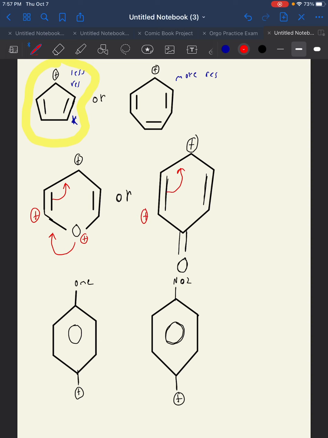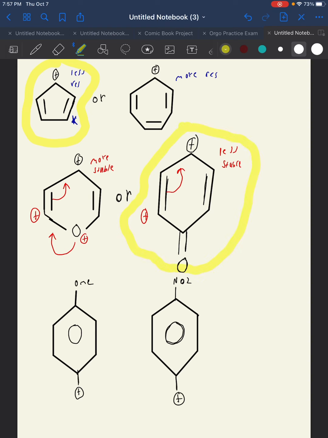So we have two carbons here with positive charge, and we have two carbons and an oxygen with a positive charge. So technically, two carbons with an oxygen with a positive charge is much more stable than two carbons with a positive charge. So since this is more stable, this is less stable, we know that this is the better electrophile.